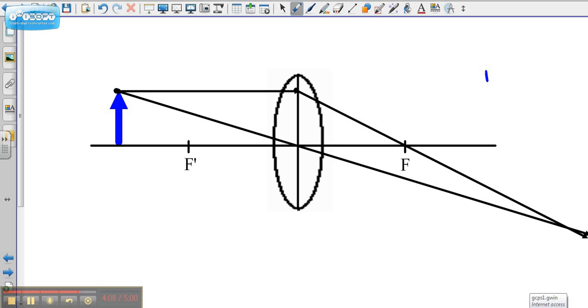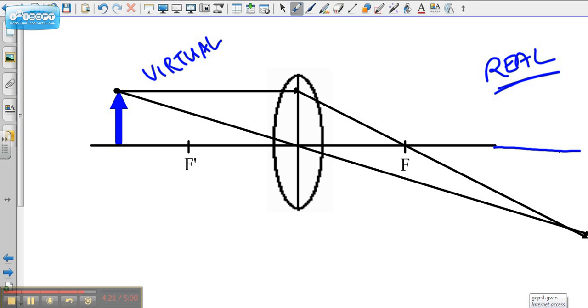So again, here's real and here's virtual. So it is a real image. We draw it from where our principal axis would be down to where it converges. So this one is real. It is magnified. And now it's inverted, which just means upside down.